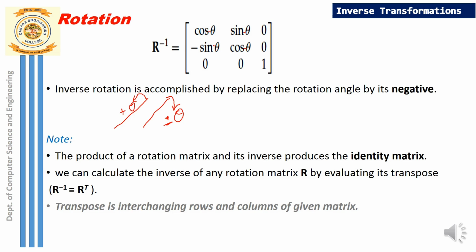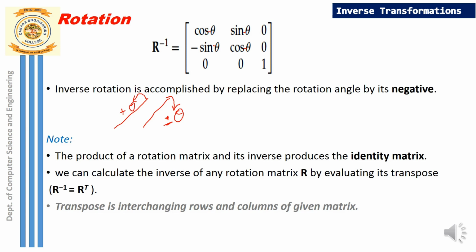And we all know cos of minus theta is plus cos theta, sine of minus theta is minus sine theta, whereas here again it is minus sine theta. Earlier the rotation matrix was something like cos theta, minus sin theta, and sin theta, cos theta, correct?